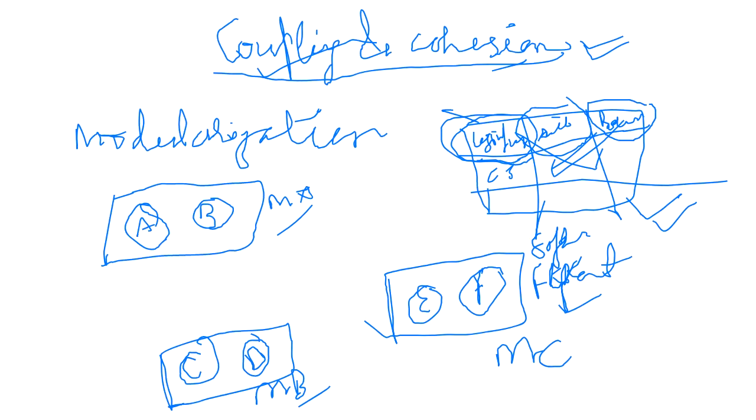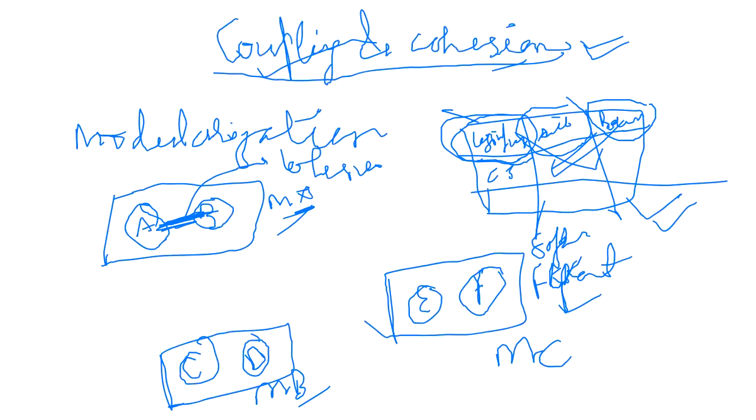Now suppose these two components inside module A are interacting with each other, means they are sharing the data, they are using one another's functions, diagrams, hardware, means they are interacting in some way or the other. If that is happening, this will be known as cohesion.